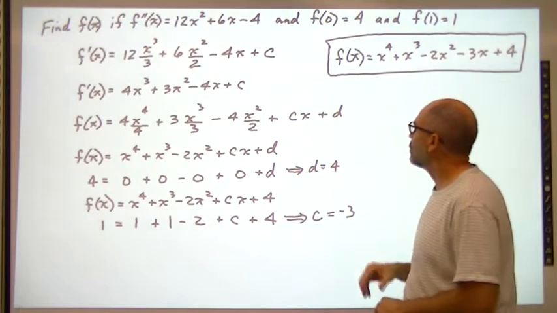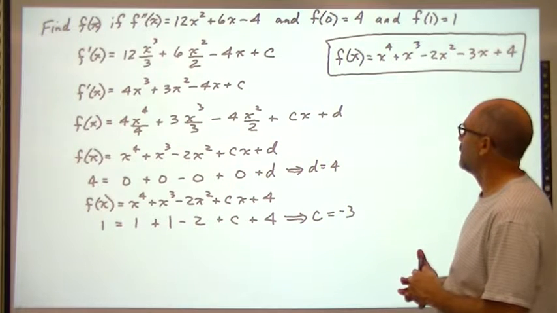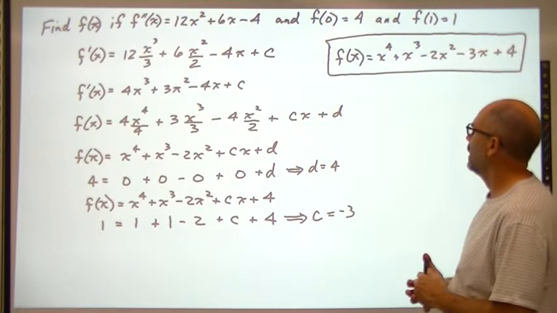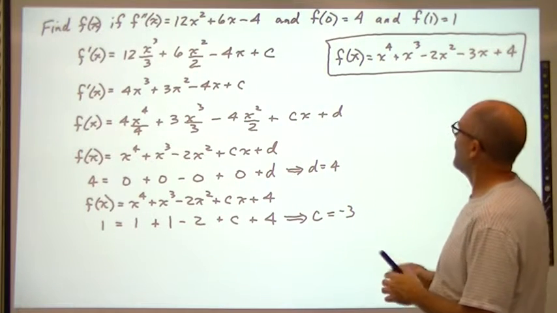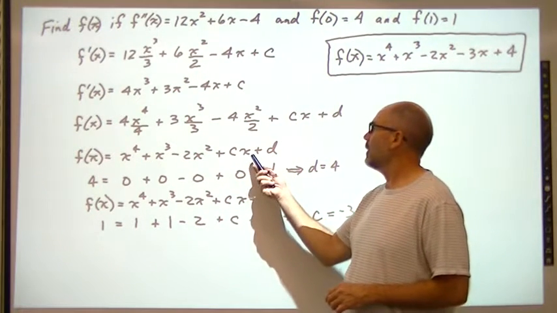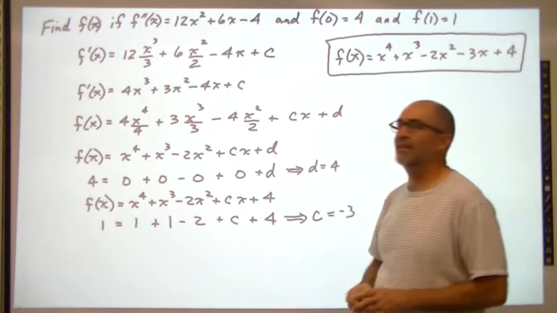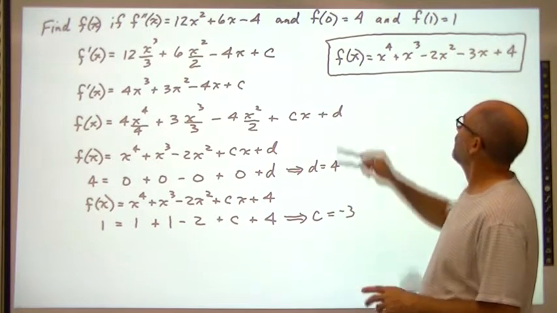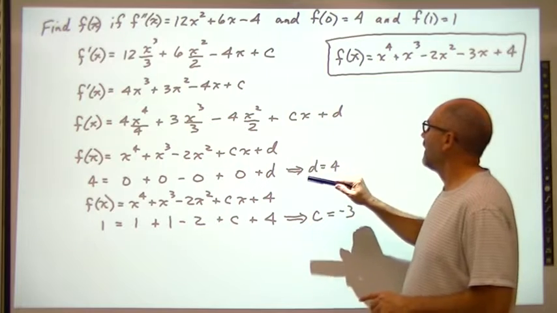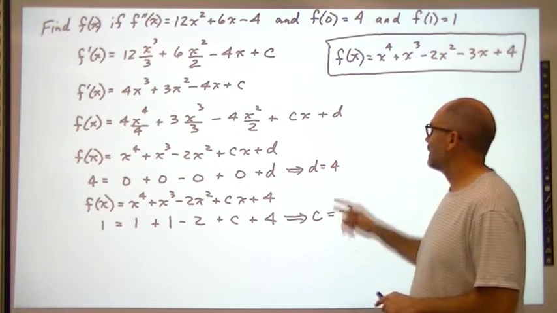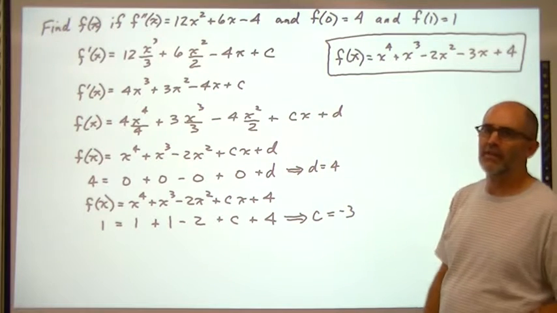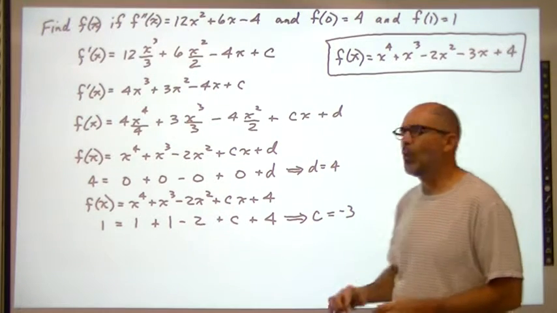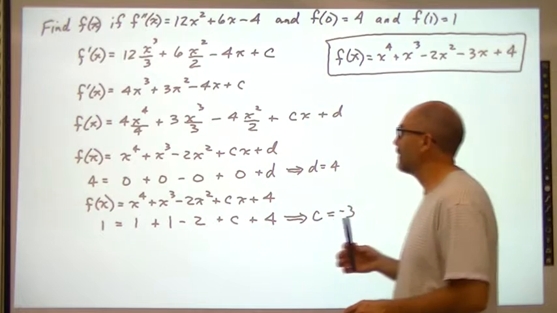And it really doesn't matter which one you plug in first, although, yeah, if we had plugged in f of 1 equals 1, then we would have a c and a d in the same equation. When I went f of 0 equals 4, that got rid of the c, so I could solve for d, and then I could find the other one, so it's a little bit easier that way. All right, one last problem. It's going to be similar to this.